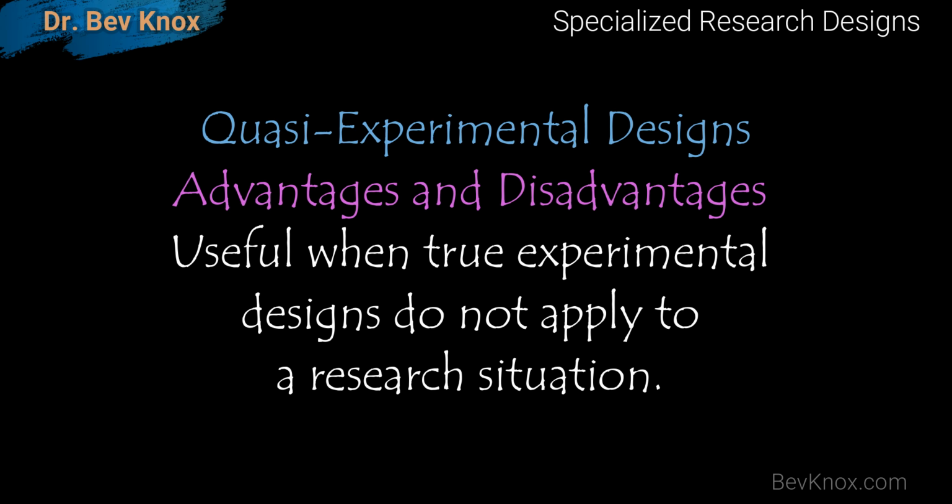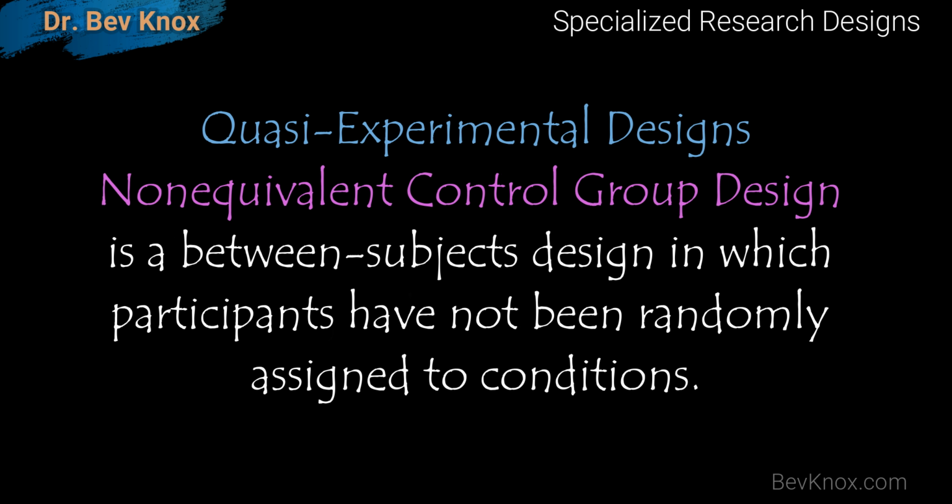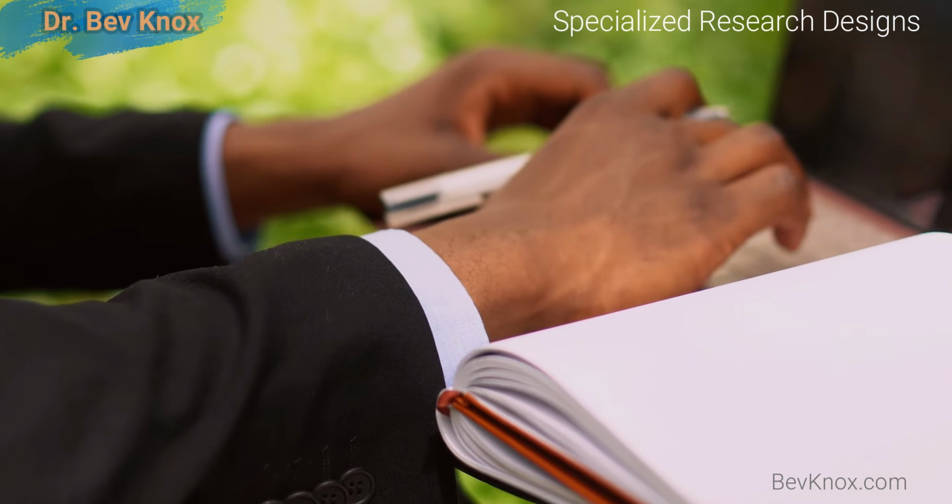There are advantages and disadvantages of quasi-experiments, but I want you to note that it is useful when true experimental designs do not apply to a research situation. And a non-equivalent control group design is a between subjects design in which participants have not been randomly assigned to conditions.